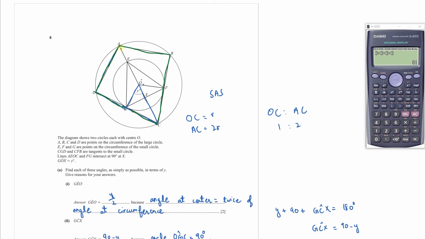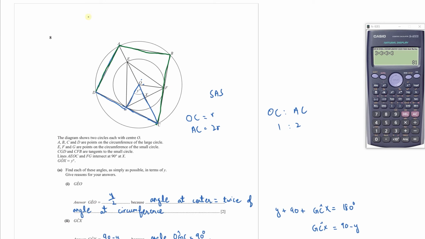Why? Because this length is common, right? And then these two lengths are equal as well. This length BC and this length DC are equal, because if you look at this outer circle, these are two chords. So BC is a chord.